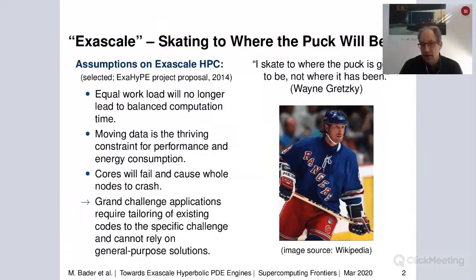We can no longer rely on distributing work equally to partitions and expecting it to be executed in the same computation time, because computation time can vary a lot on hardware these days and can be unpredictable. We have to deal with the problem that moving data becomes more expensive. We have to be aware that cores and nodes might be crashing throughout simulations.